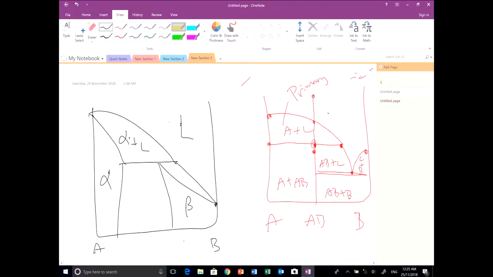What is this? What is that point right down here? Melting point of B. So what's this?